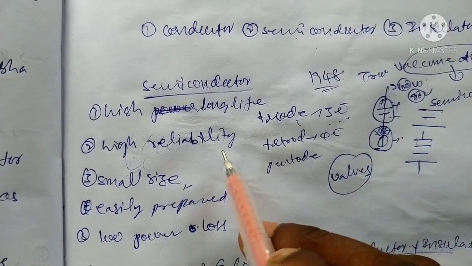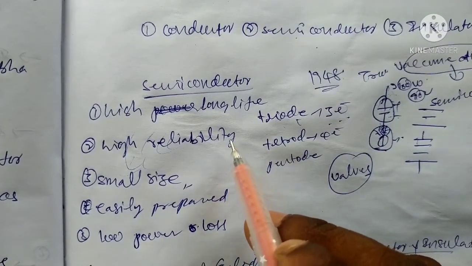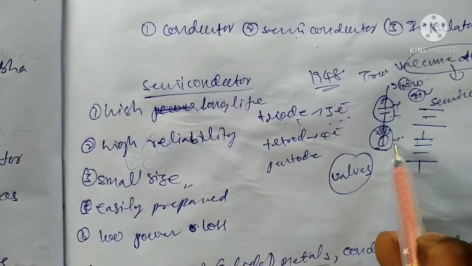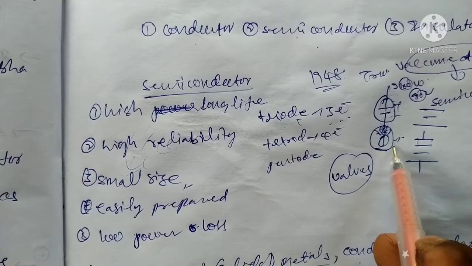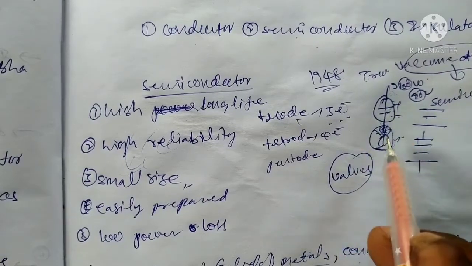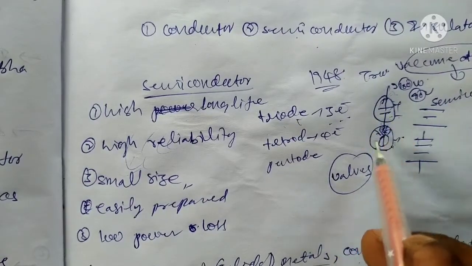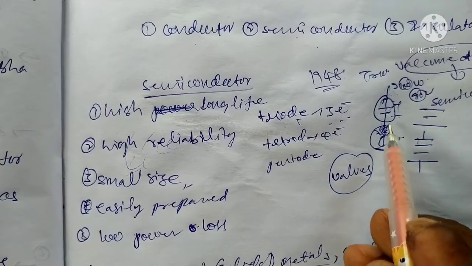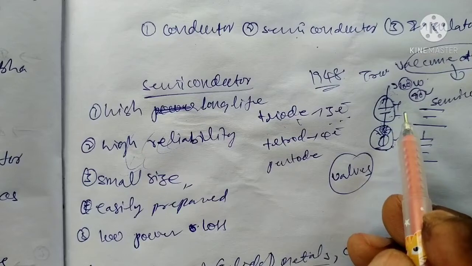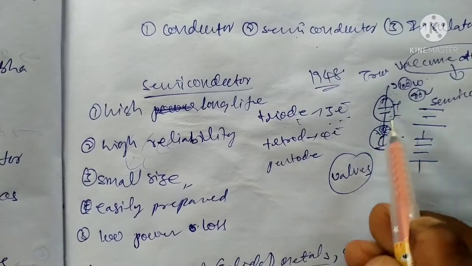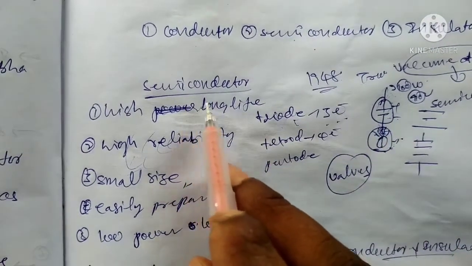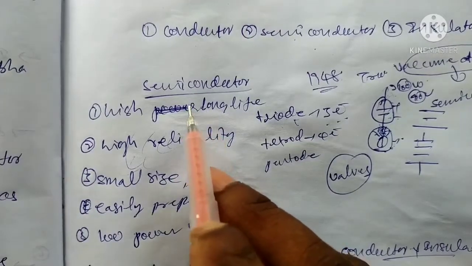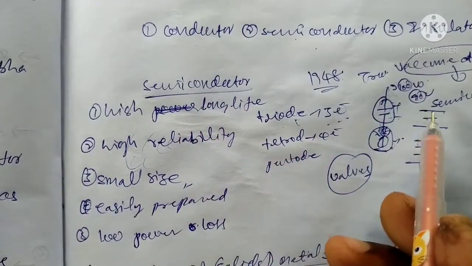For semiconductors, only a few kelvins is needed to get the current. Vacuum tubes operate at high voltage, semiconductors at low voltage. That is the advantage of semiconductors compared to vacuum tubes.